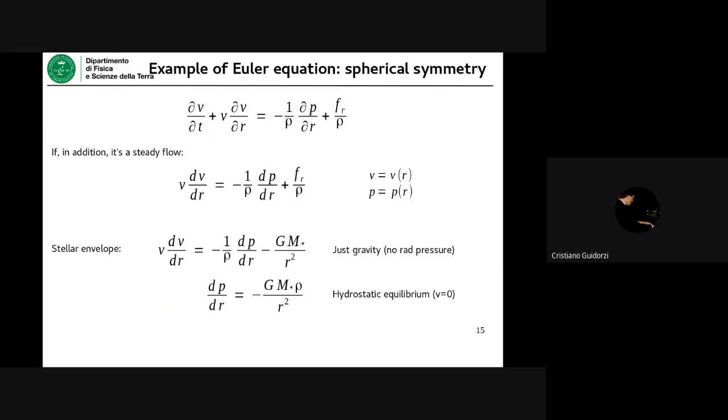And again, you can look at this as a special case of linear momentum conservation. In general, linear momentum conservation is just the consequence of the second law of dynamics. So what we derived, which I forgot to tell you is called the Euler equation, is just the equation that rules the overall conservation of linear momentum.